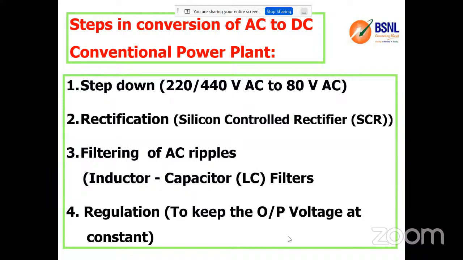Then with the help of R, L, C, resistance, capacitance and inductance, we remove the ripples to make a steady state DC value. And finally, we have the regulation, to give the expected output. These are the very basic methodologies used in our conventional power plant.